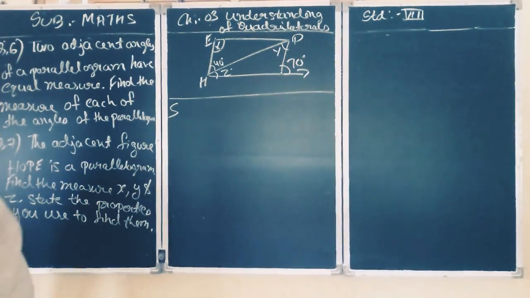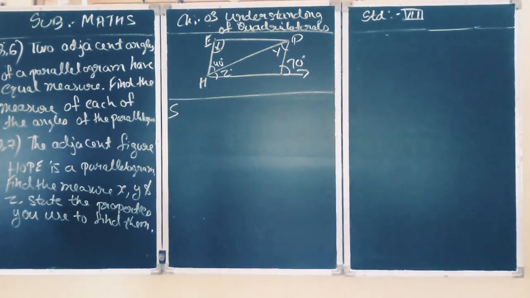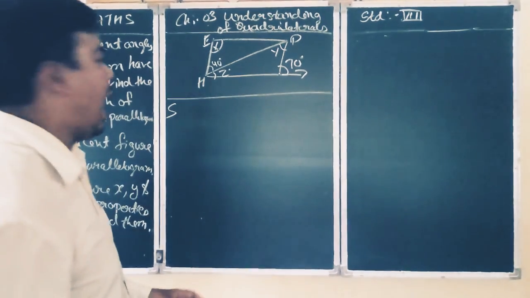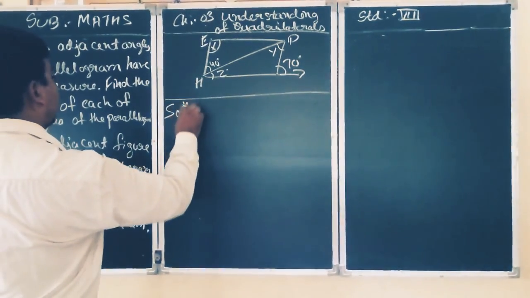They said two adjacent angles of a parallelogram have equal measure, which means adjacent angles are equal, and so you have to solve question number 6.